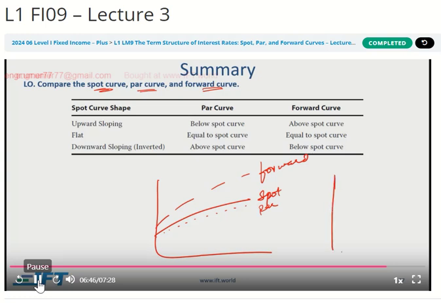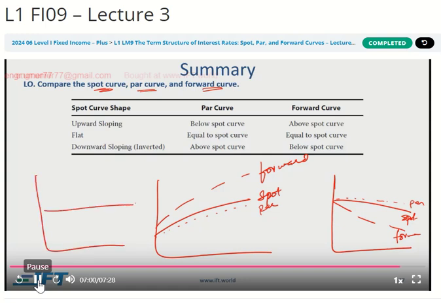And if it was a downward sloping scenario, so if spot is going down, well, forward would be leading downwards and par would be above it. But spot is always in the middle. And of course, if it's flat, then they're all equal, right? So forward is equal to spot is equal to par.